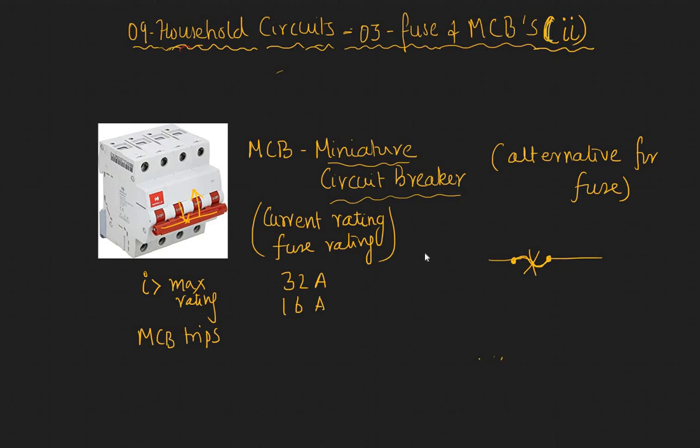And the advantage of MCB is that the tripping time is very small, on the order of about 25 milliseconds. Now for fuse, it may take up to a second to melt, and by that time your equipment may be in trouble. So the tripping time is very less in MCBs, and that really helps a lot.